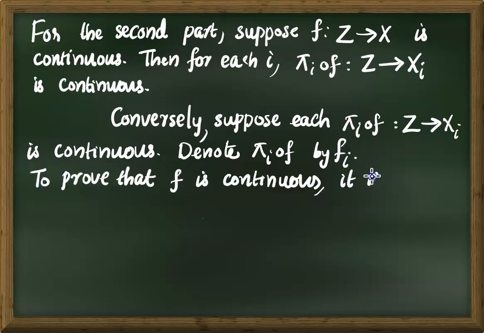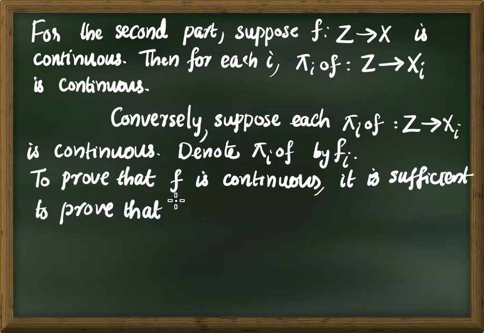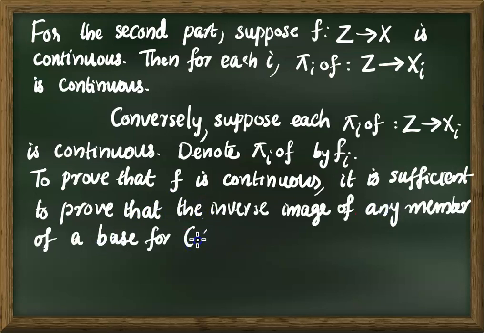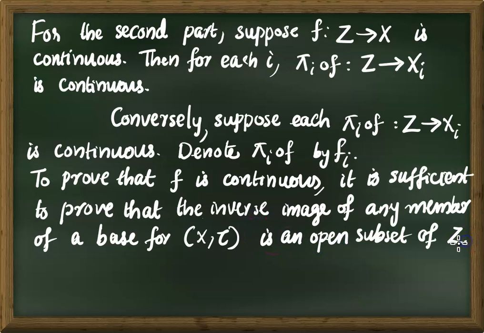For this, it is sufficient to prove that the inverse image of any member of a base for the space (X, tau), the codomain, is an open subset of Z. That is our domain of this function f. So, we need only consider an arbitrary element of a base for tau and we need to show that its inverse image will be open in Z.